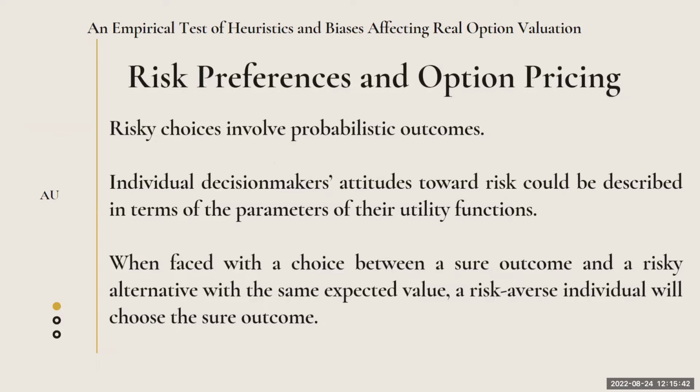Individual decision makers' attitude towards risk can be described in terms of the parameters of their utility functions. When faced with a choice between a sure outcome and a risky alternative with the same expected value, a risk-averse individual will choose the sure outcome, of course.